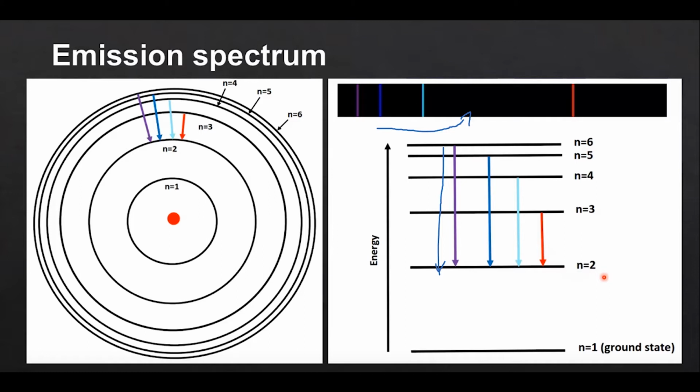Sorry for the notification. And then, as you can see, from the energy level of 6, the 6th shell goes back down to 2, and then from the 5th shell it goes back to 2, and the energy has a variation of energy right down here.